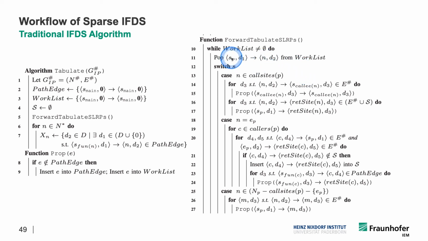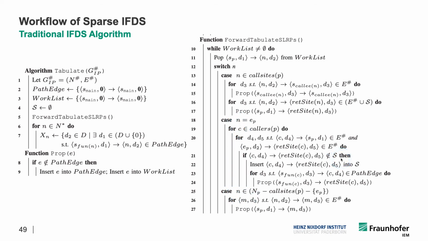It takes a path edge starting at the procedure's starting point, SP, for a certain data flow fact D1, going all the way to a target node N for a data flow fact D2. Then there's a case-by-case distinction depending on whether the current node it points to is a call site, an exit node, so an exit statement of a procedure, or a regular node.